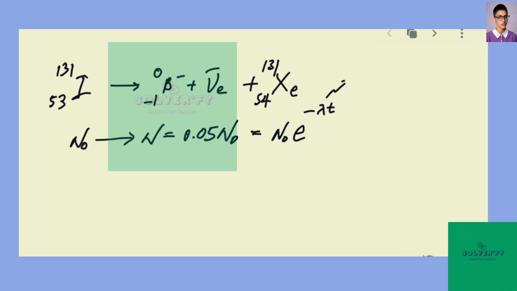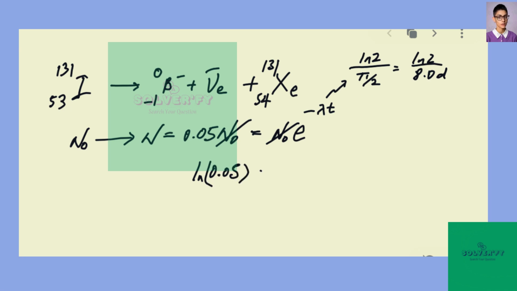Lambda is the decay constant, which is given as ln 2 over t half, where t half we are given to be 8 days. So ln 2 over 8 days. What we need to do is we cancel away n0 from both sides of the equation. Then we take the natural log of both sides.